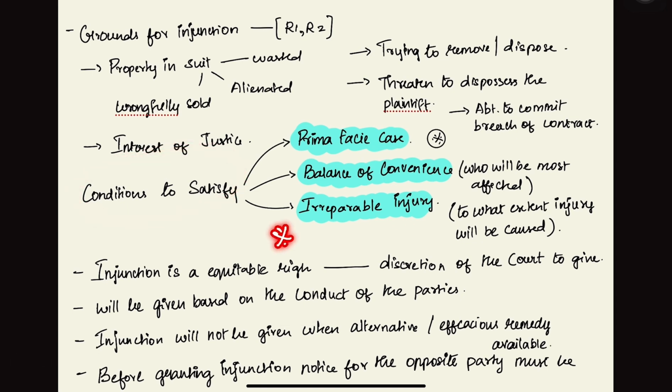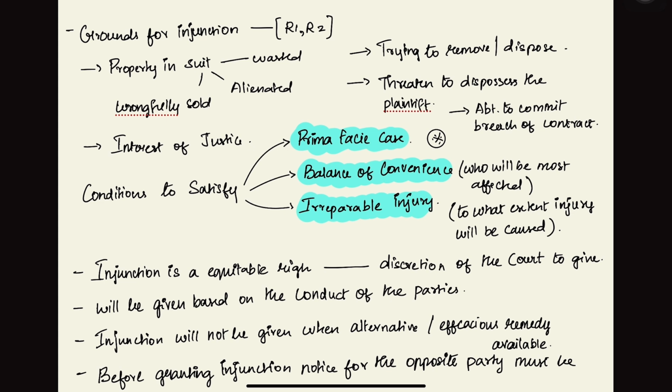And other important conditions, these are very, very important conditions. So the first condition for granting an injunction should be a prima facie case. There should be a clear cut prima facie case before the court, and there should be a balance of convenience. So the court should determine who will be the most affected person, whether the defendant or the plaintiff, when injunction is granted.